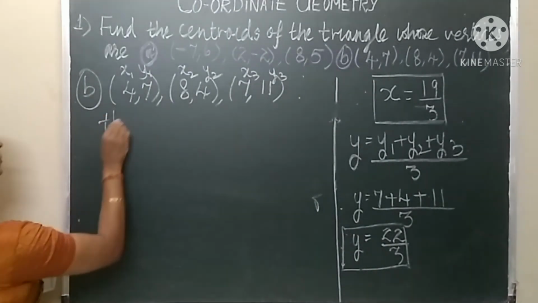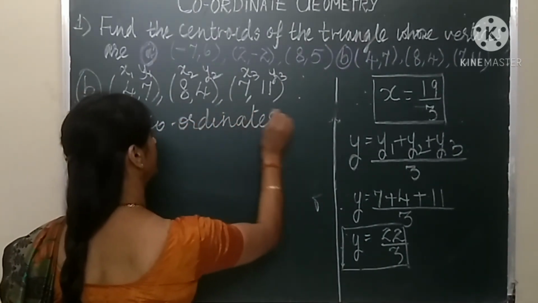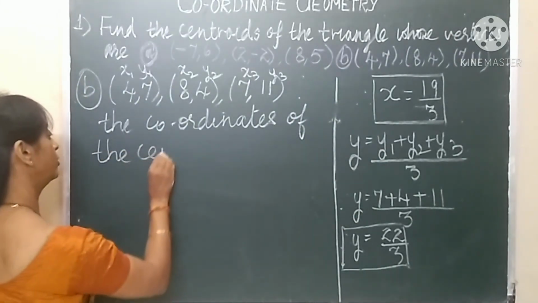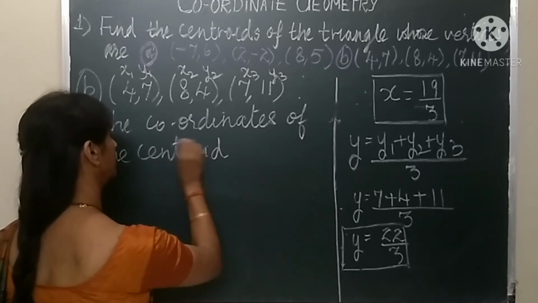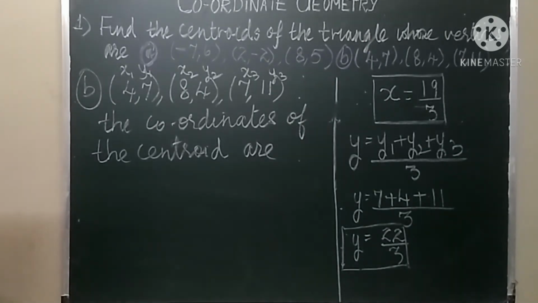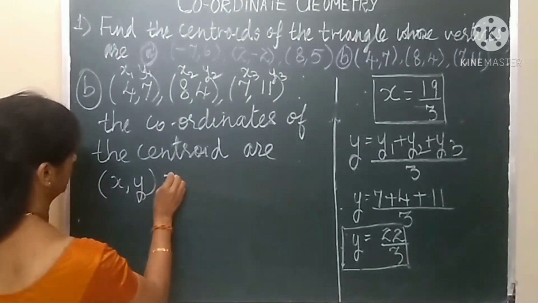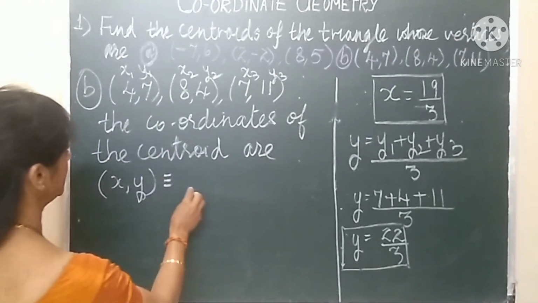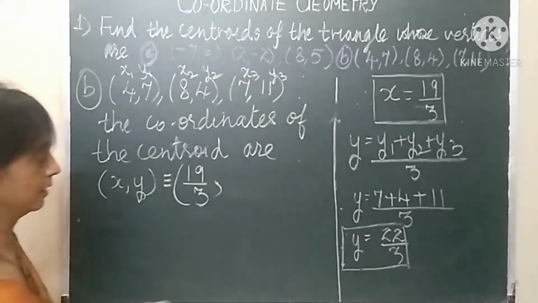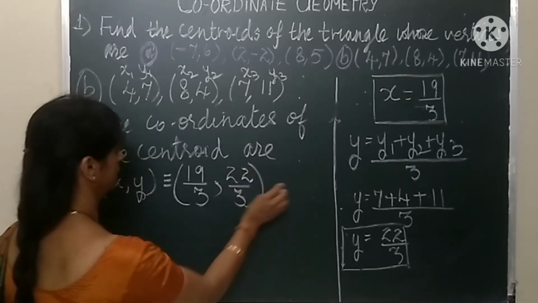Therefore, the coordinates of the centroid are, yes, over here x we had got as 19 upon 3, and y is 22 upon 3.